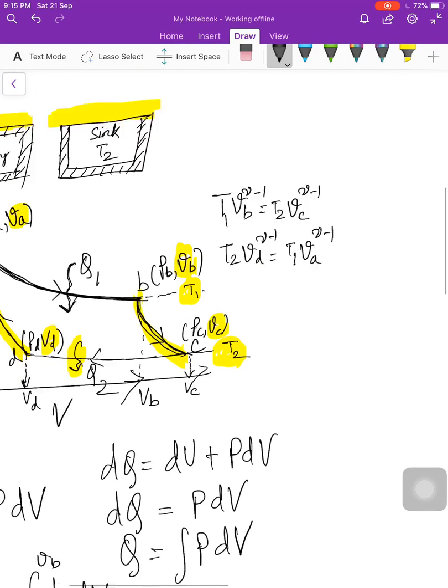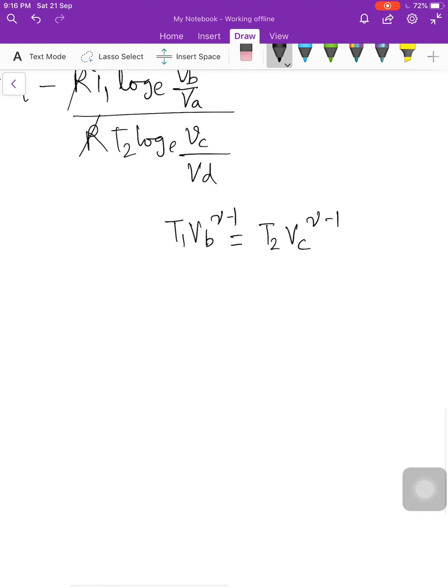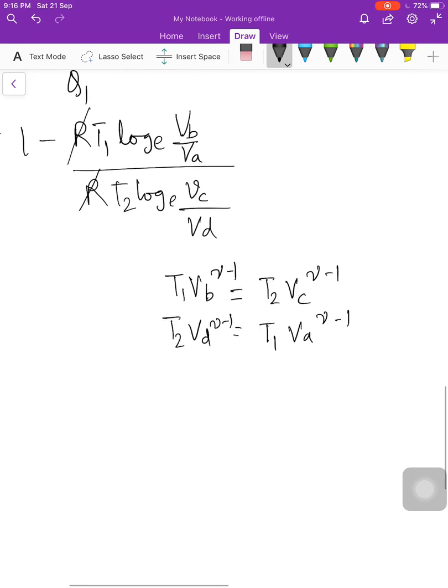Again, T2 VD^(gamma minus 1) is equal to T1 VA^(gamma minus 1).